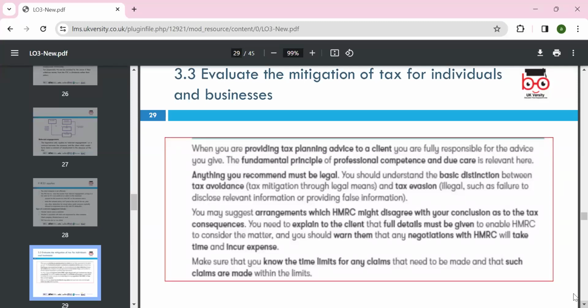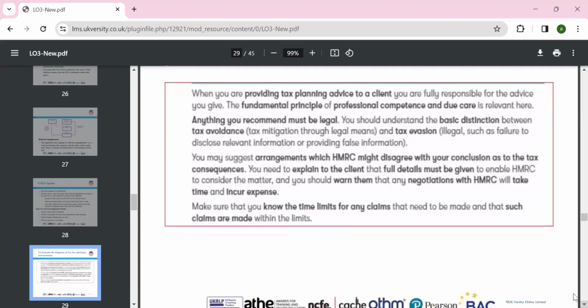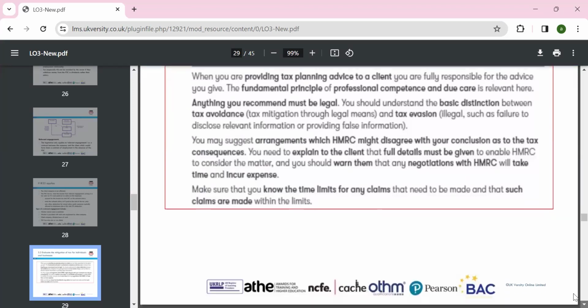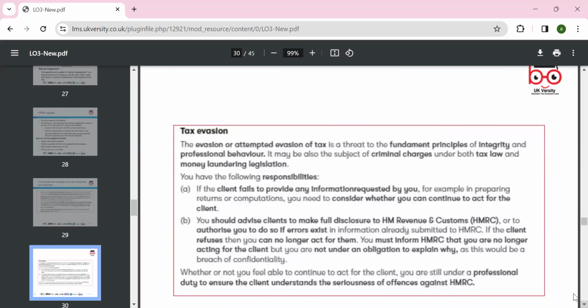Sometimes we need negotiation with HMRC, which will take time and incur expense, and sometimes it can be done without spending that, and we need to make sure we go through the legislation for that particular case. Tax evasion is a threat to the fundamental principle of integrity, which we are not supposed to breach.